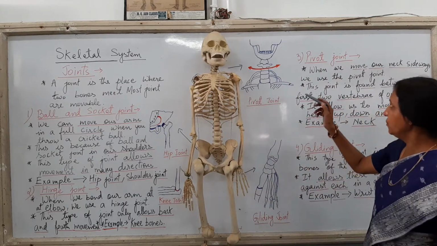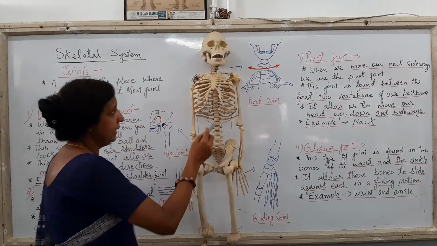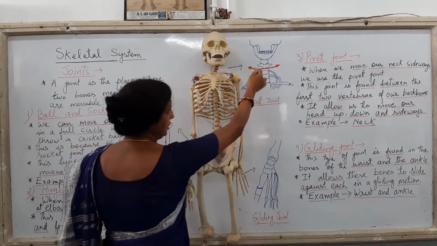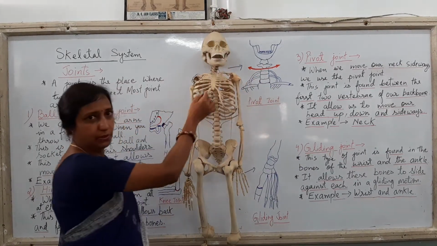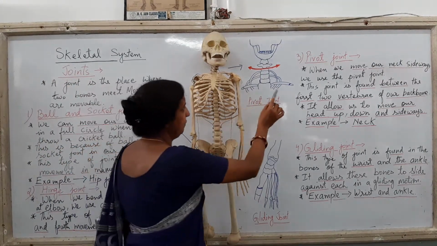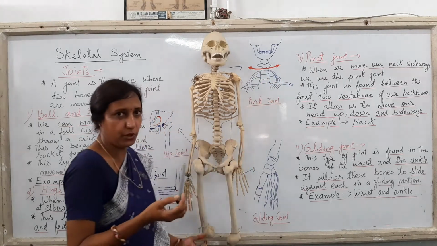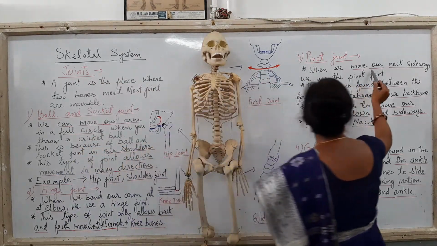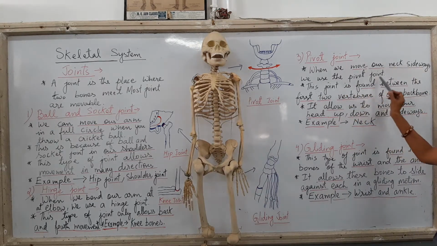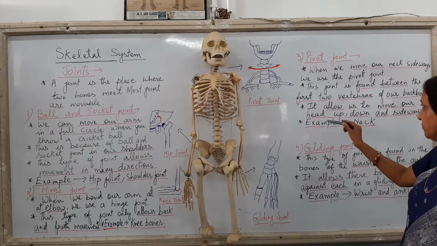Next, children, we move on to the pivot joint. What is a pivot joint all about? Have a look at this picture as well as the skeleton shown here in front of you. Let us see how this kind of joint is present and what it does for us. When we move our neck sideways, we use the pivot joint. This joint is found between the first two vertebrae of our backbone.